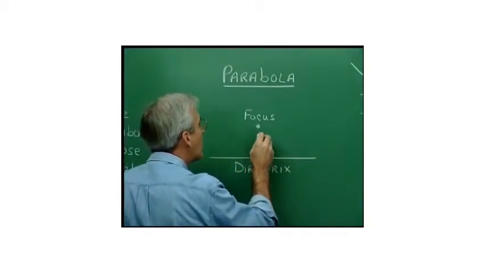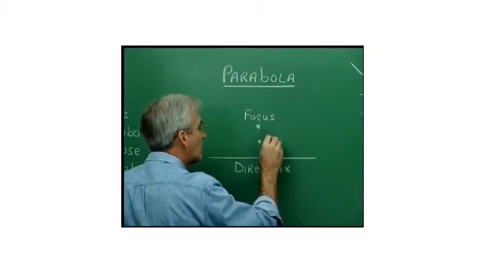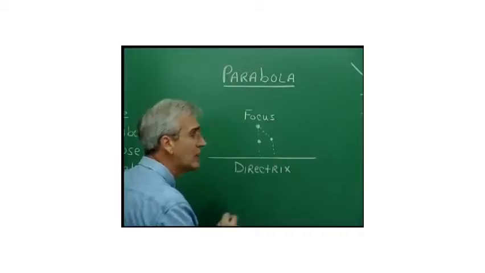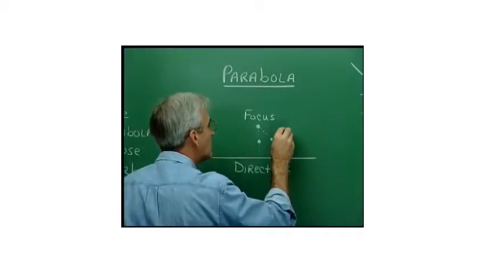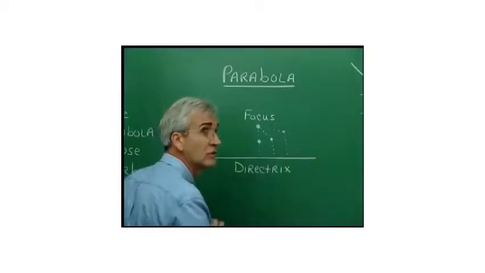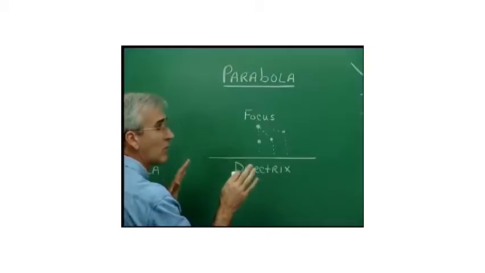And we have another point, like this distance and that distance are the same. We have another point over here, such that this distance and that distance are the same. We have another point out here somewhere where this distance and that distance are the same. And all such points compose our parabolic curve.